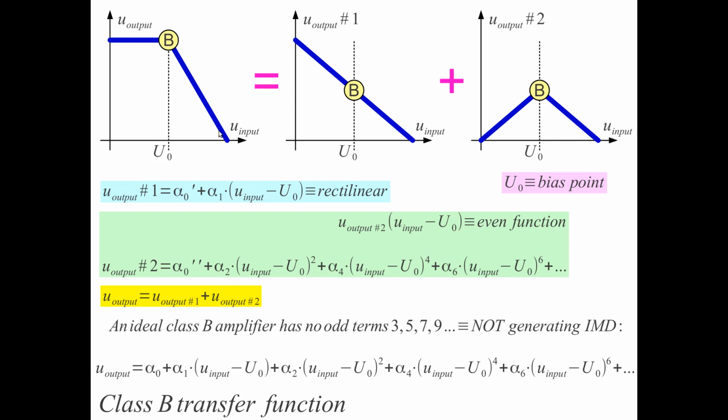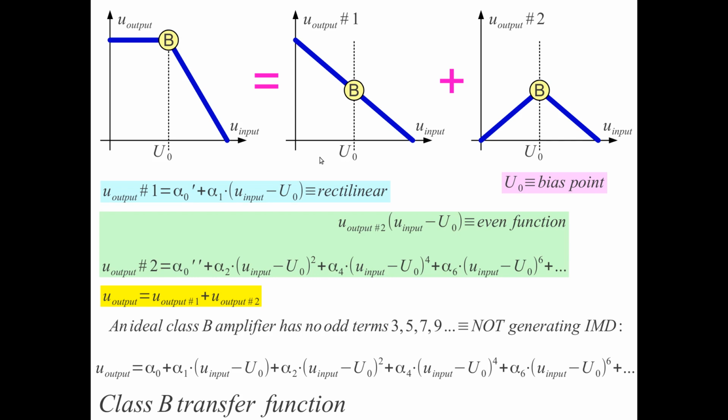We still do not understand why this is important for the usefulness of such an amplifier. So, for both functions that sum up into the response of an ideal Class B amplifier, the first function is a linear function.